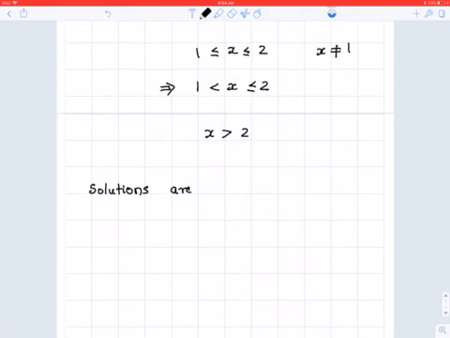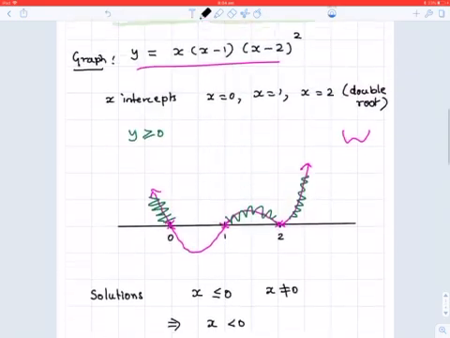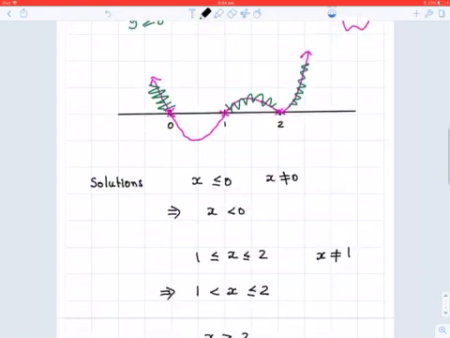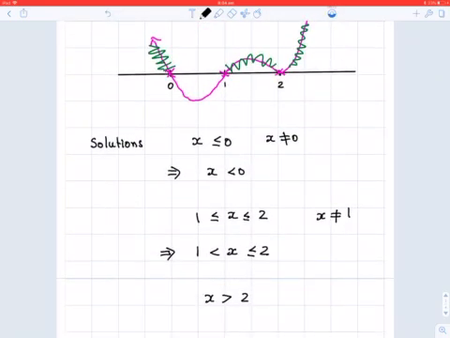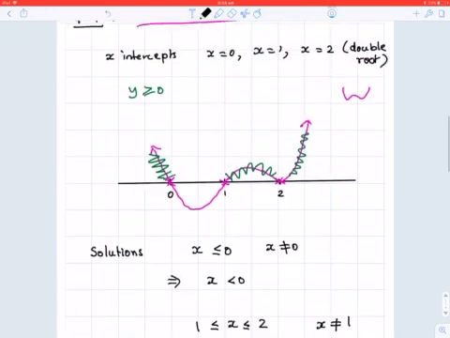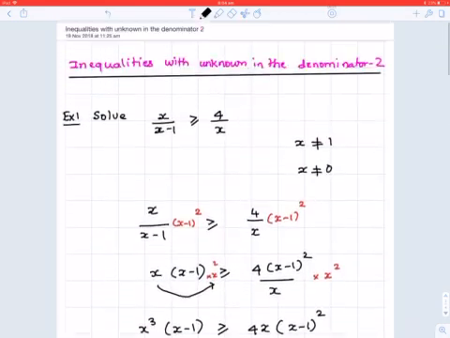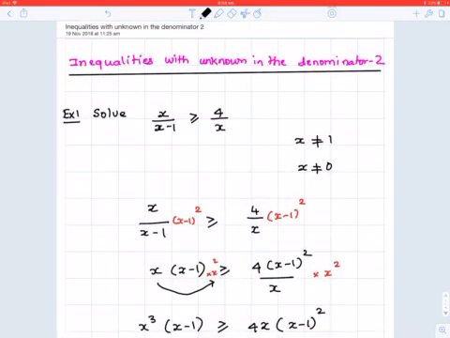So if you combine all three, the solutions for the inequality are: first, x less than 0, then x between 1 and 2, then x more than 2 as well. All of them are solutions to the given inequality. So this is the one you have to decide.